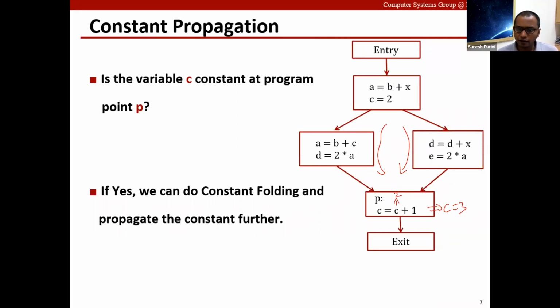If there is yet another program path along which the variable C is not a constant, then we will not be able to do this optimization. So this is what we were talking about before: when we argue about the property of a program at a particular program point P, the property should be true no matter which path the program takes to reach that program point.